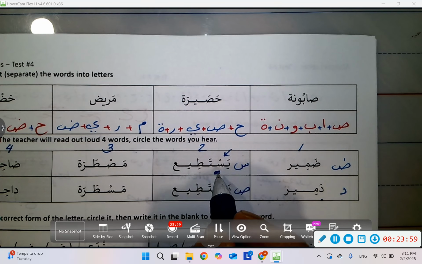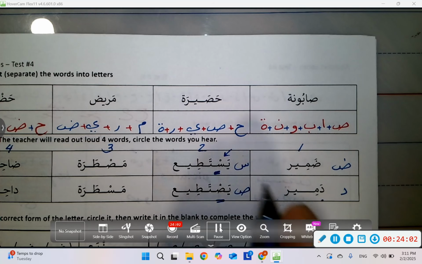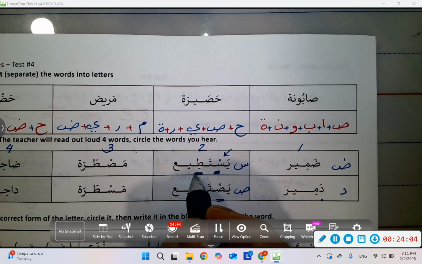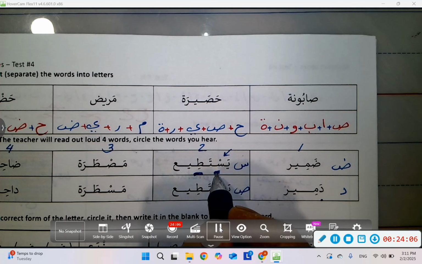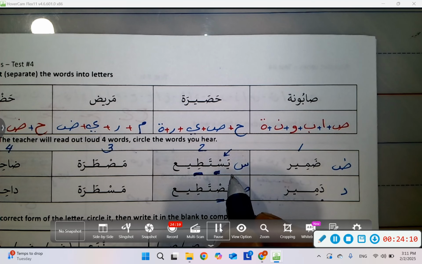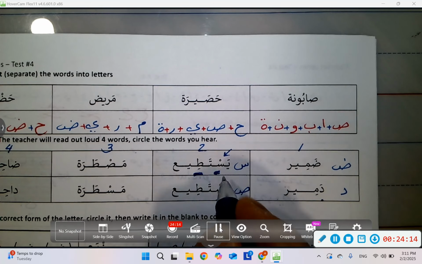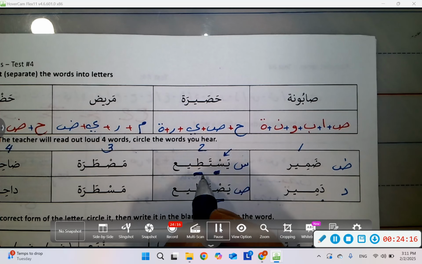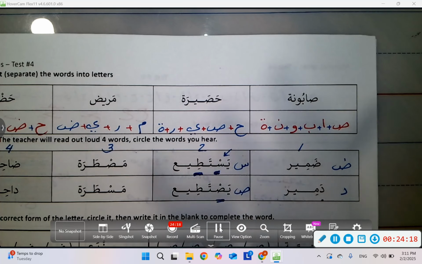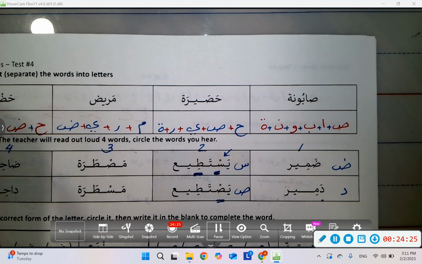Why does this seen sound heavy? Whenever there is ta in the word that comes after the seen or before the seen, the seen always becomes heavy, because ta is a heavy letter, and the mouth automatically shifts the seen to sound heavy and like sad.